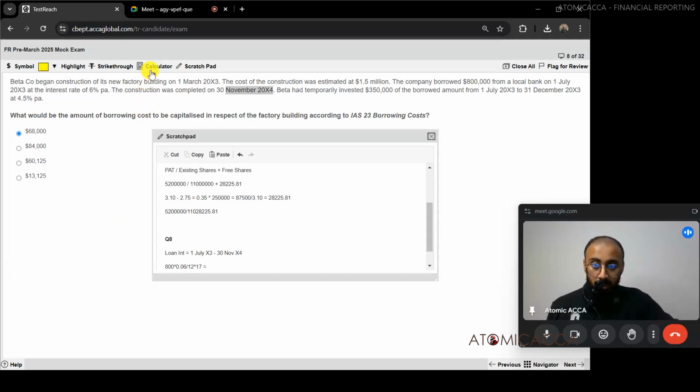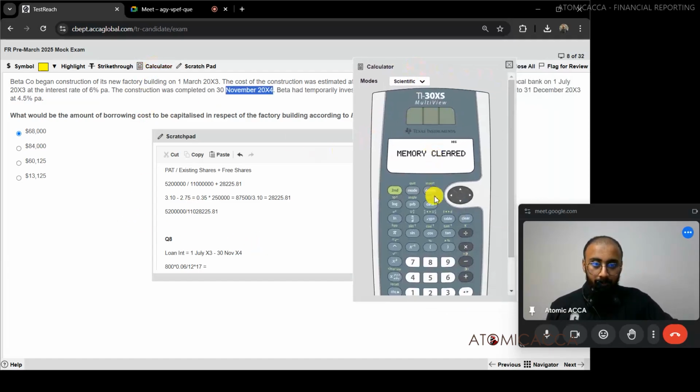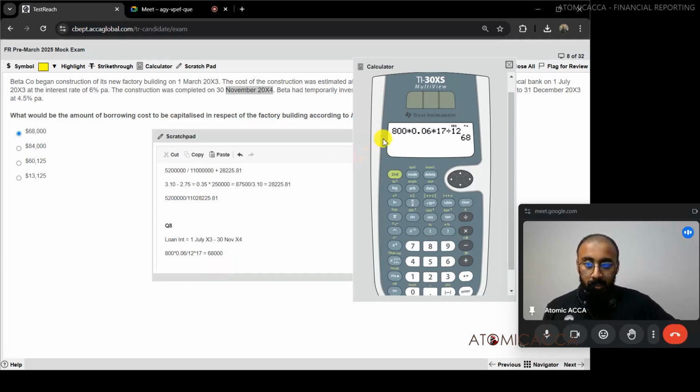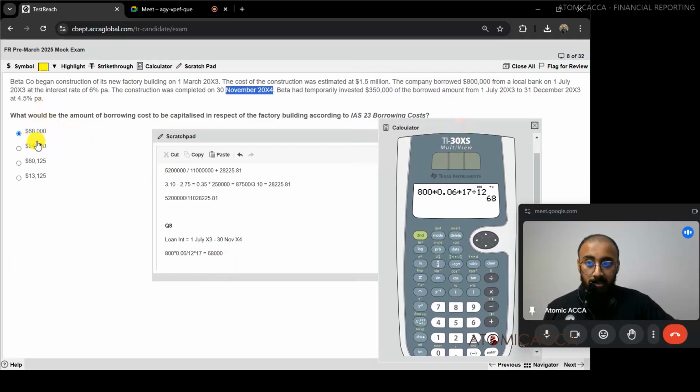So 800,000 multiplied by 0.06 into 17 divided by 12 is equal to 68,000. But that is only the interest on the amount I borrowed. The story doesn't end over there.